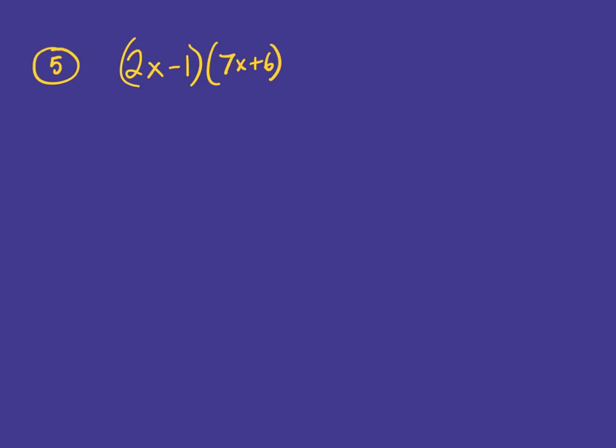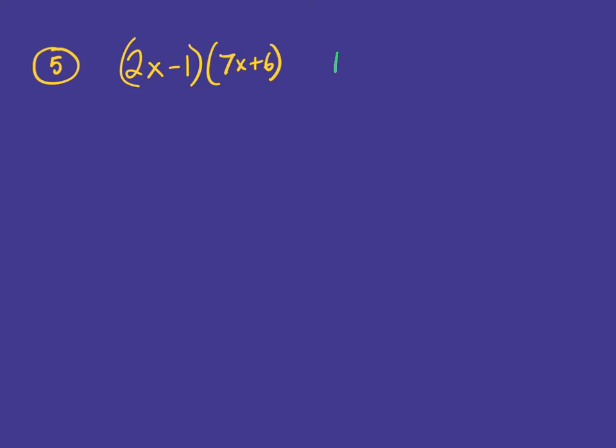Number 5, 2x minus 1 times 7x plus 6. This is something that you'll want to be really good at. This particular kind of multiplication is going to come up a lot, where you've got a binomial with 2 terms times another binomial.